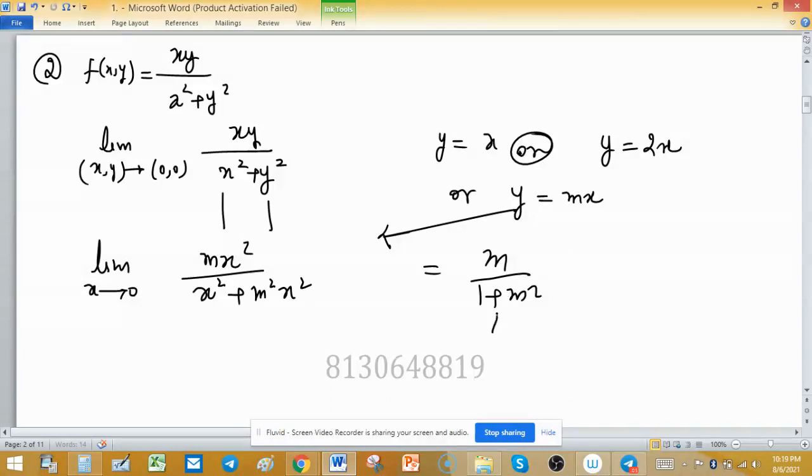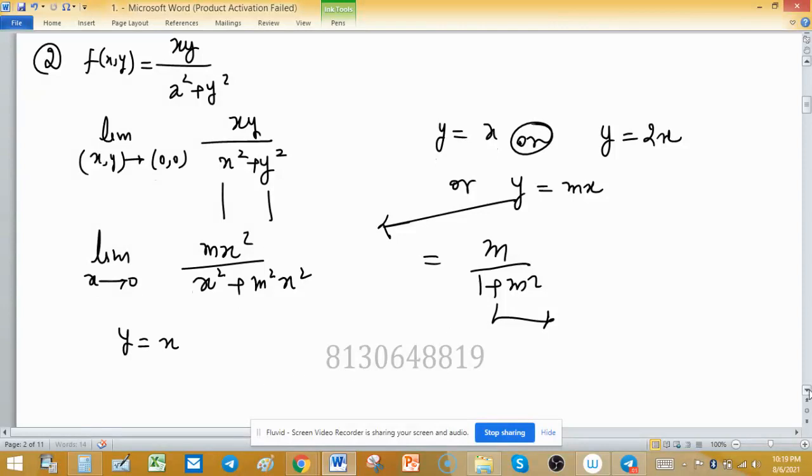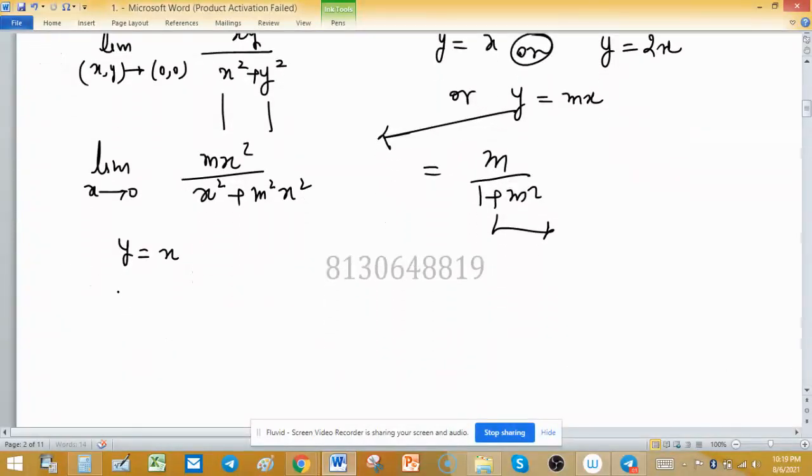For different values of m, we will get different values of this expression. It means the limit of the function at the point (0,0) doesn't exist. So this is along curves of the type y equal to mx. If you particularly put y equal to x, then you can easily solve it.